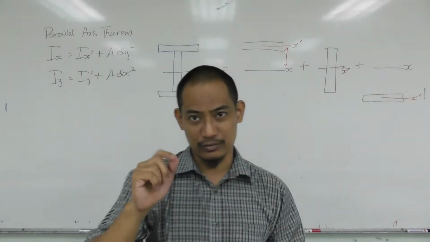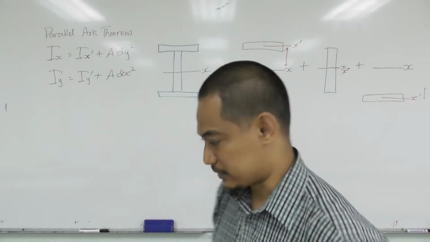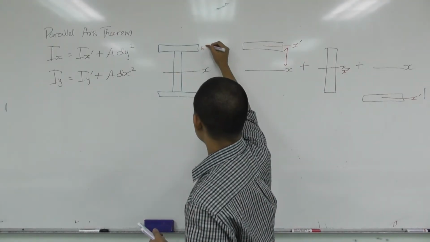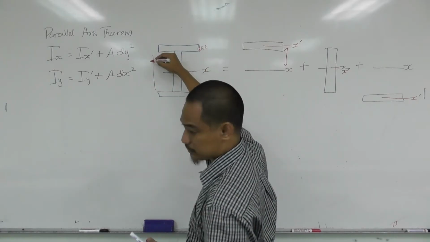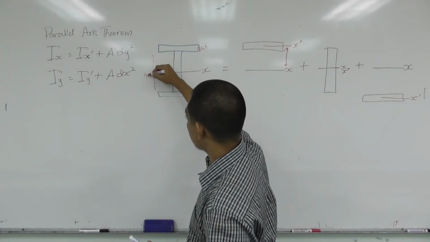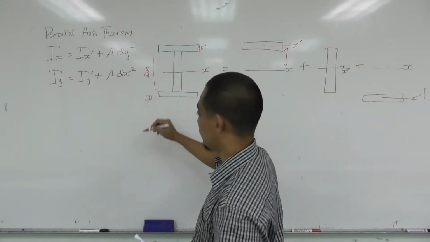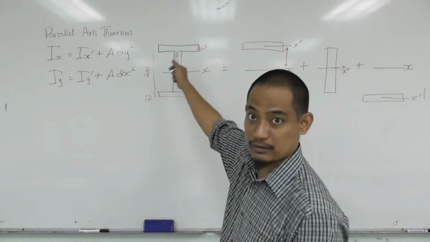Okay, hopefully you take note of the original drawing, right? So basically from here, this one is 50, this one is 300, this one is 50 millimeter. Everything is millimeter here. So this is 50, 300 and 50.